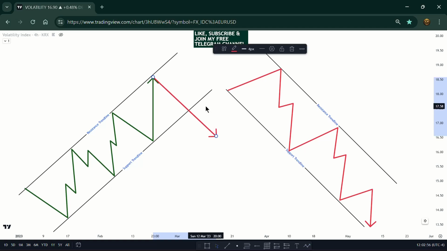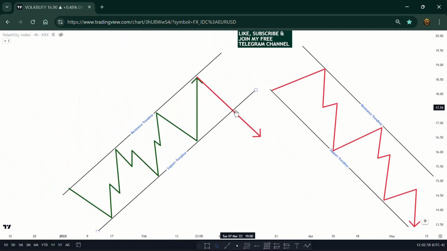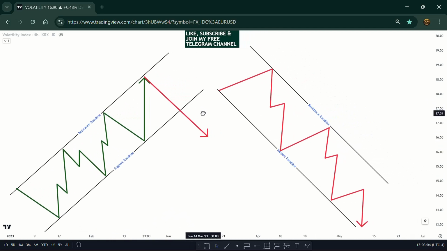All the money that was down here has been taken out. And in this case, people will now start thinking this is a breakout to the downside. Now they start drawing new trend lines. They start doing this again.